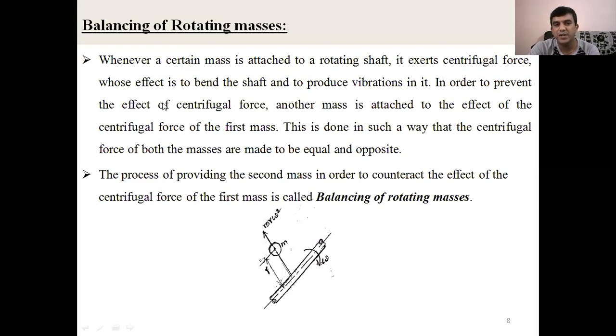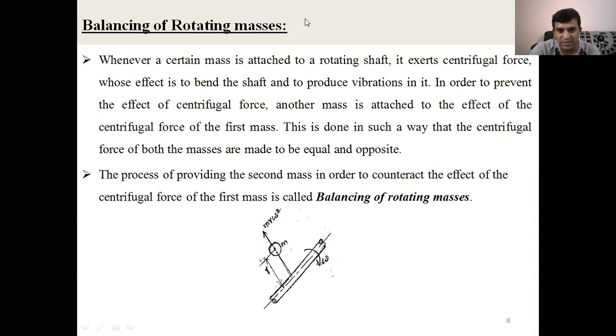In order to prevent the effect of the centrifugal force, another mass is attached to counteract the centrifugal force of the first mass. This is done in such a way that the centrifugal forces of both masses are equal and opposite. The process of providing a second mass to counteract the centrifugal force of the first mass is called balancing of rotating masses.